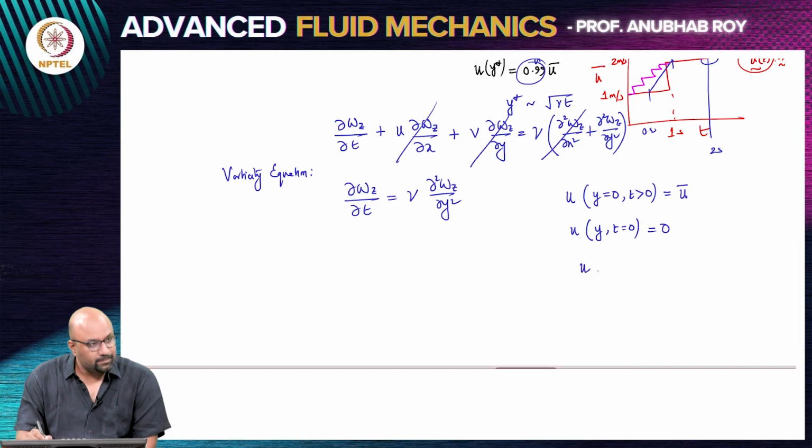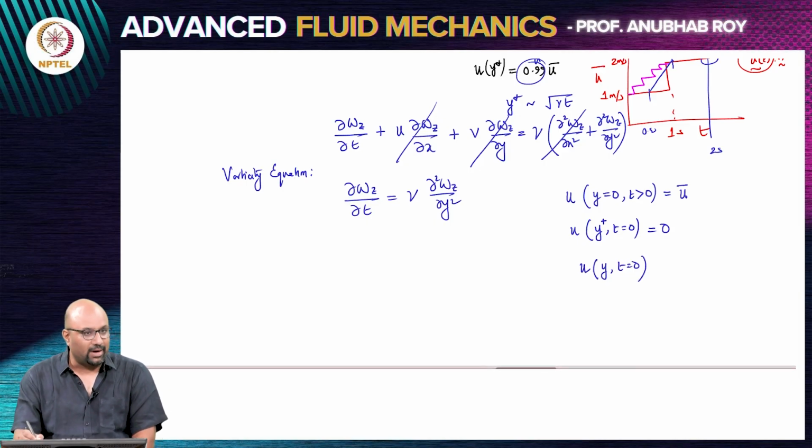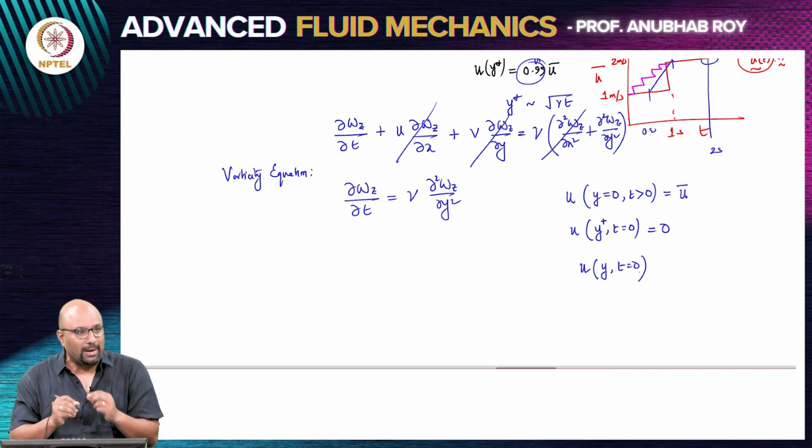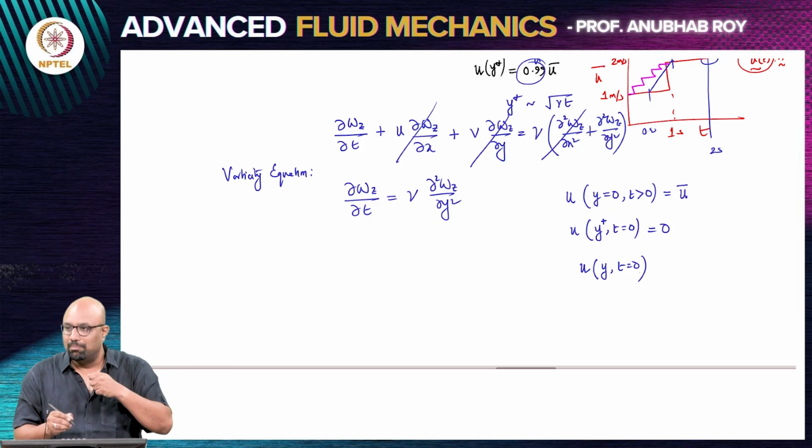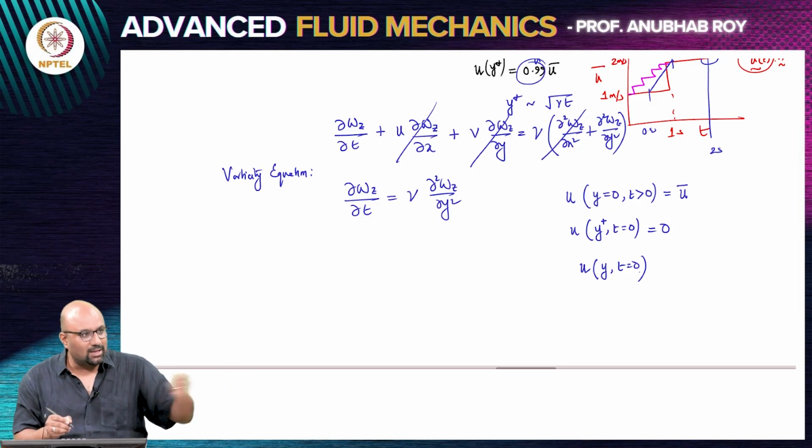Your u at t equals 0 for all y. So this is y which is away from the plate. Y plus is any point away from the plate, because at the plate there is a jump. At t equals 0, you gave it a pull. You tugged the plate, you made the plate move.